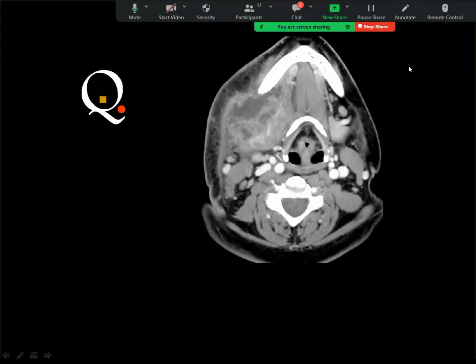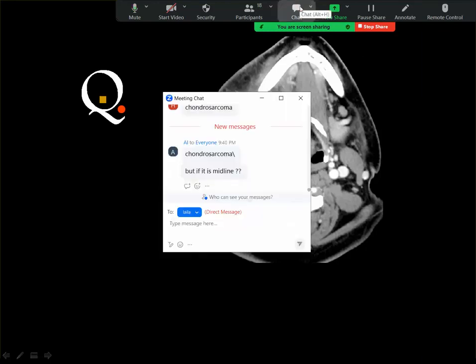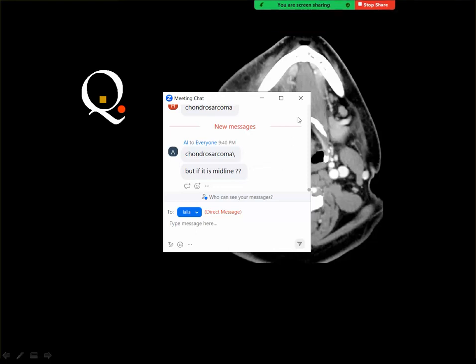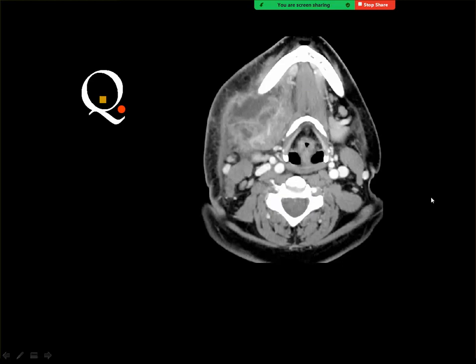Then this is a post-contrast CT scan of the mouth floor. Chondrosarcoma can occur in the midline and can occur off the midline, depending on the site of origin.